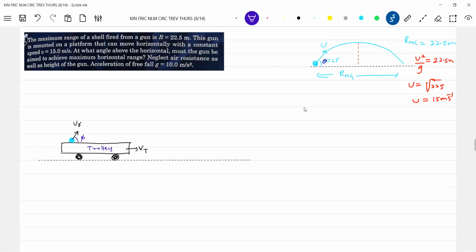Time of flight will be the same, 2 UR sine phi by G. Then for the maximum range, where, on the ground or on the trolley? When it doesn't mention anything, we should take it with respect to ground. When you project from a moving trolley, what is the maximum range it will attain? That's what our question is.